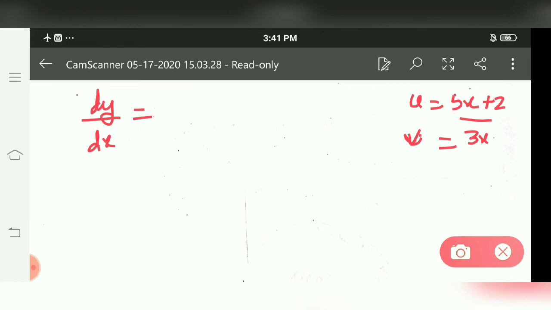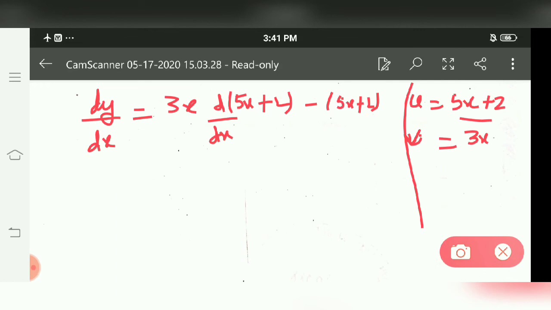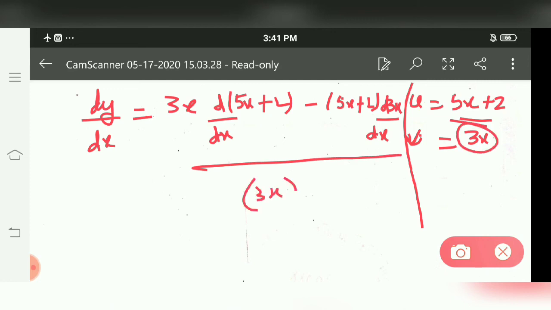This by this, so this is the first, v as such, means 3x as such. We have to take the derivative of 5x plus 2, minus then 5x plus 2 as such. We have to take the derivative of v, that is 3x, upon v square. V is this 3x whole square.